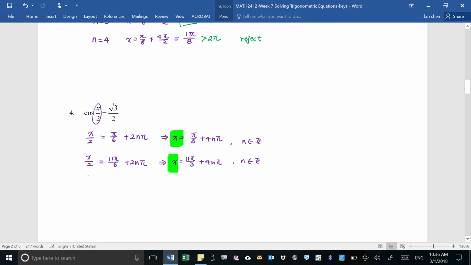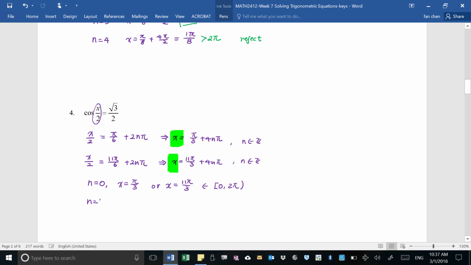So we are going to check. When n equals 0, I did not check negative 1 because we get a negative value. So x is equal to pi over 3. Yes, that satisfies the condition. From this one, x equal to 11 pi over 3. So that is still in this condition, 0 to 2 pi. That's the solution.